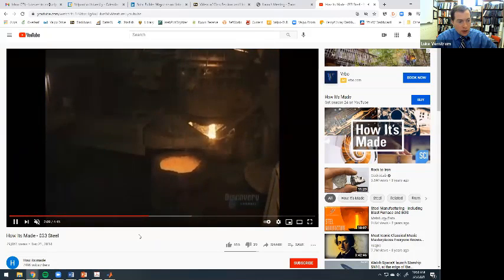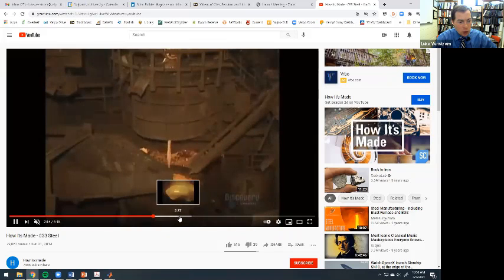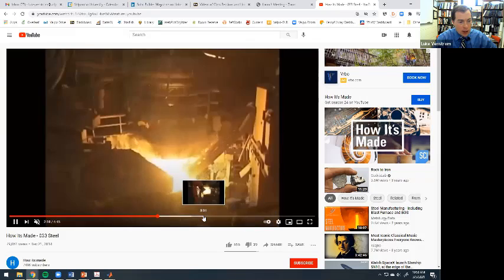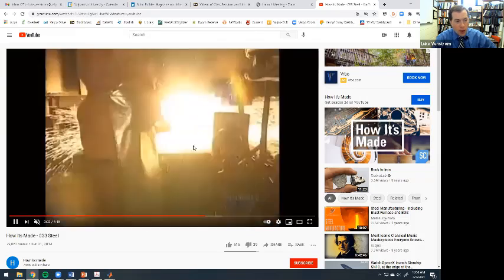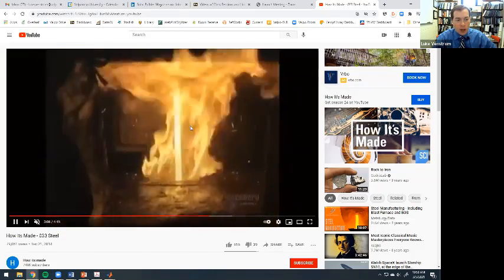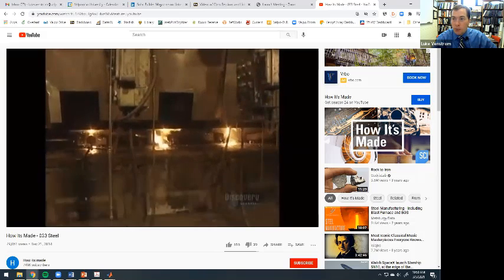So when they go to pour this molten steel into the molds, right? They come out right around here. So they're about to pour the molten steel into molds and through dies. And what is going to come out of these molds are the beginnings of a steel bar.